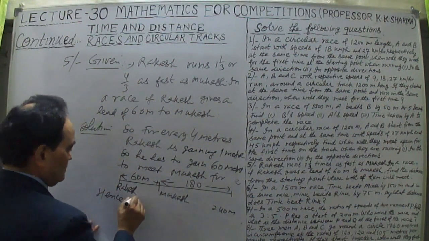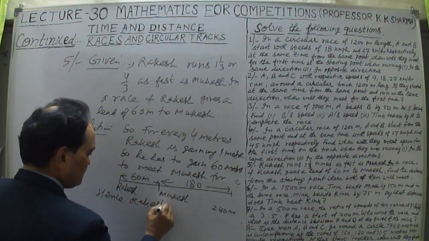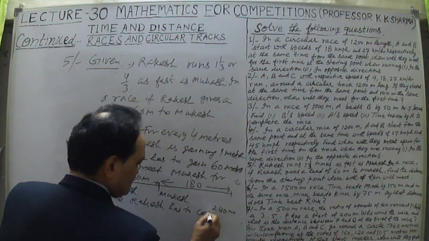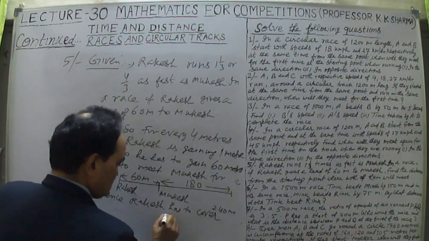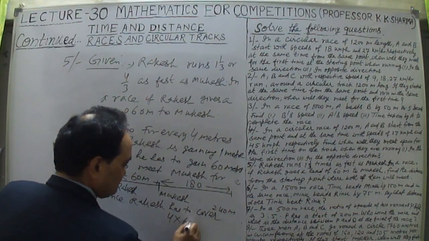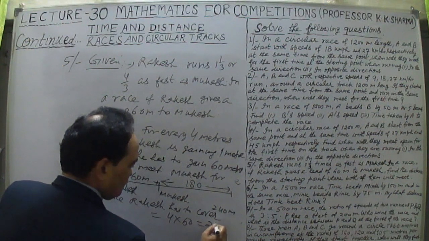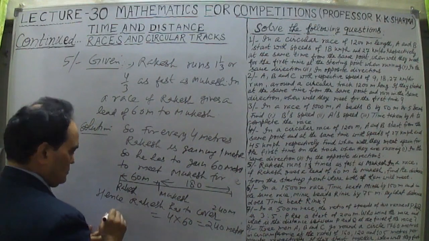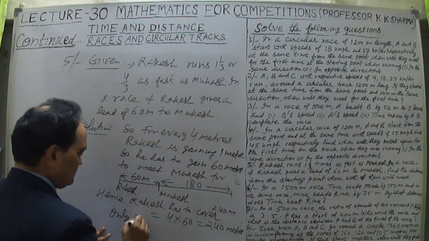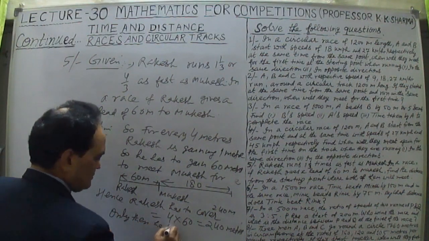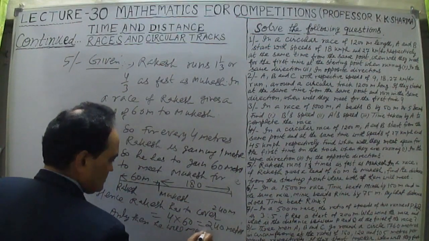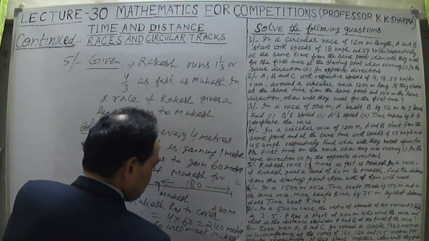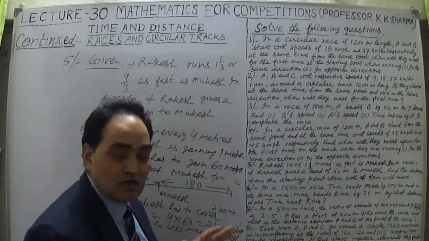Hence Rakesh has to cover 4 into 60, that is 240 meters. Only then will he meet Mukesh. So 240 meters is the answer.